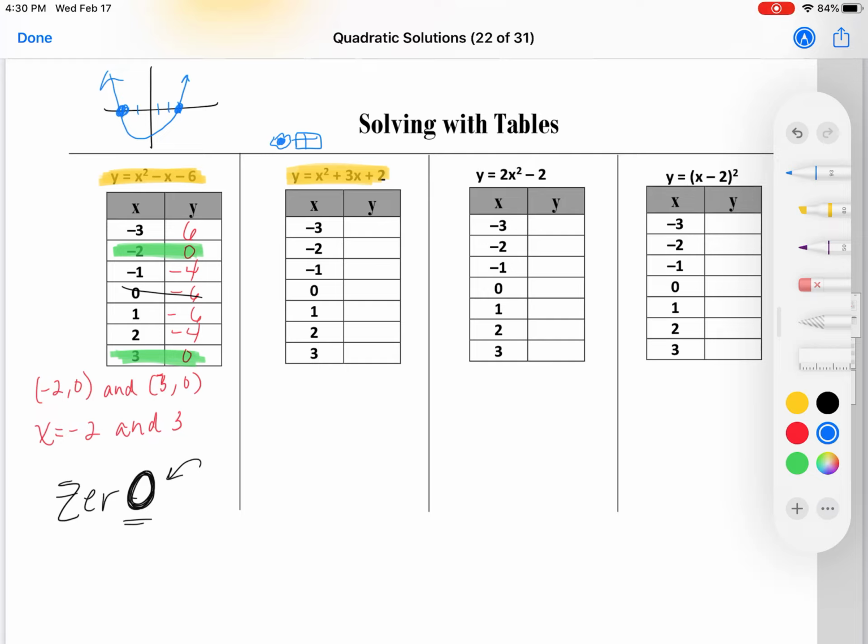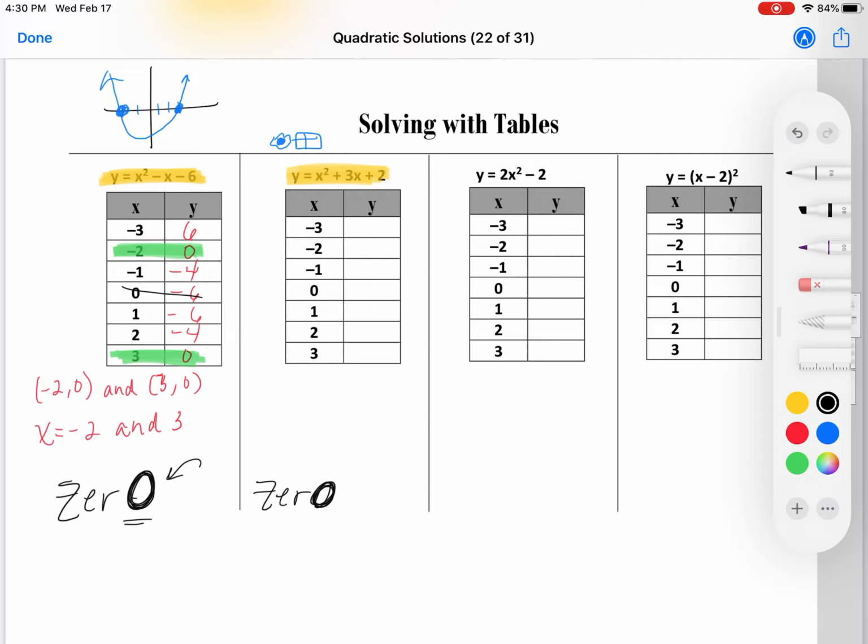So to build a table, type in when x is negative 3, you're going to tell me what the y value is. When x is negative 2, tell me what the y value is. Okay? So when you're ready, you're going to do that. Then you're going to figure out which are the zeros. Where are the zeros? What number has a 0 in the back? When does it touch the x-axis?